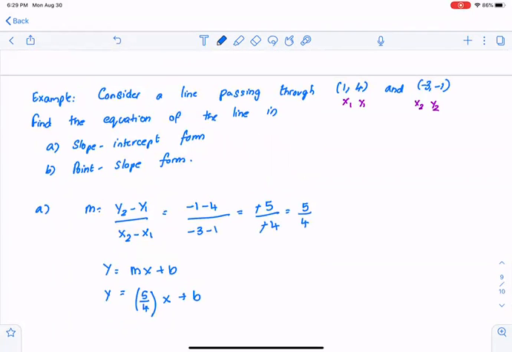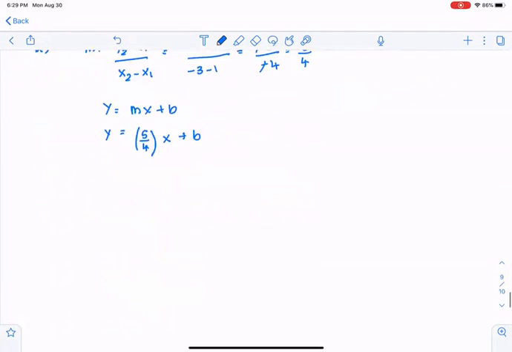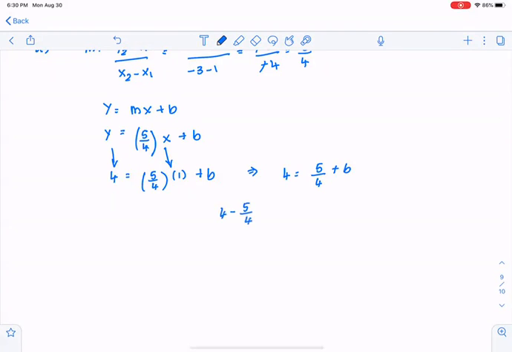x1 is 1 and y1 is 4. So I'm going to take that point. When x is 1, y is 4. And I can solve for b. So 4 would equal 5 over 4 plus b, which would mean 4 minus 5 over 4 would equal b. I need to have a common denominator, which in this case is 4.